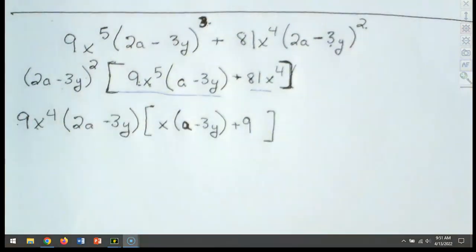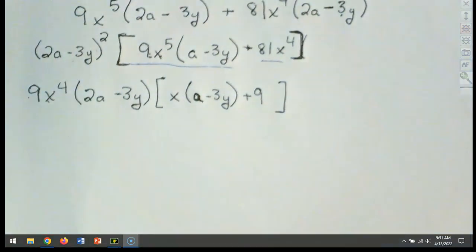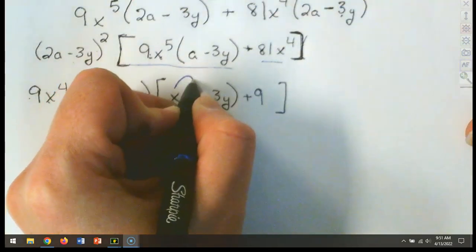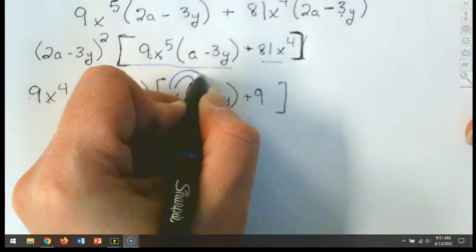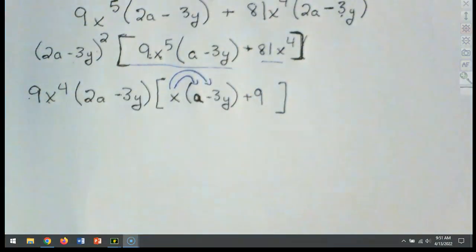Now we do need to do one more step. Okay, we need to break this down as far as we possibly can and clean it up as much as we can. So we need to work with this a little bit. And so I'm going to take this x now, and I'm going to distribute it through so we can get rid of the square brackets, and we'll only have left parentheses. So that x can be distributed through.